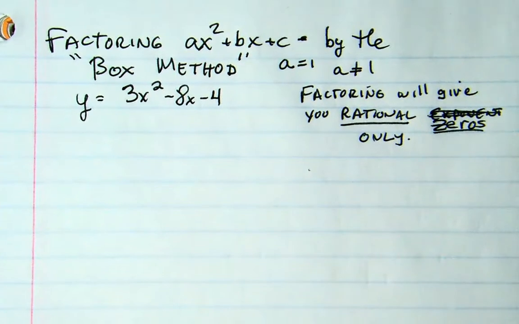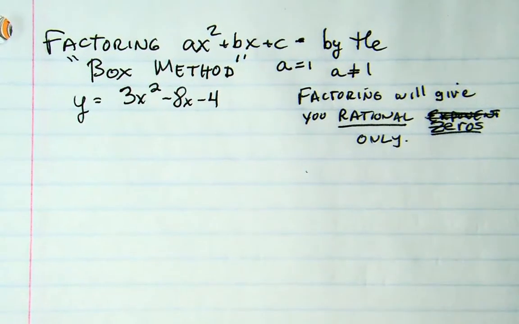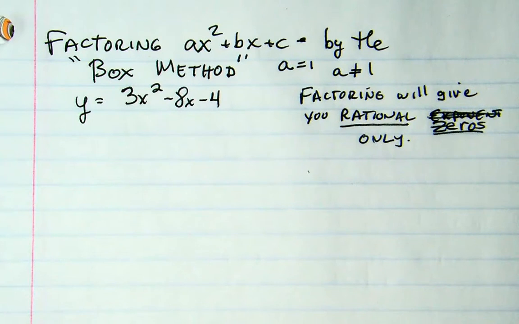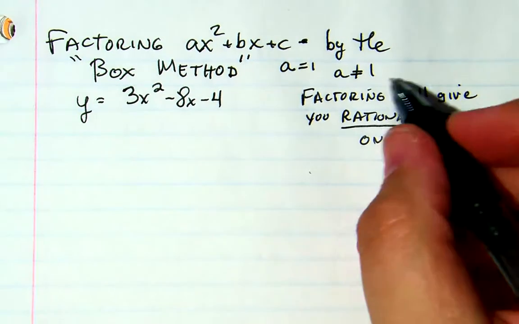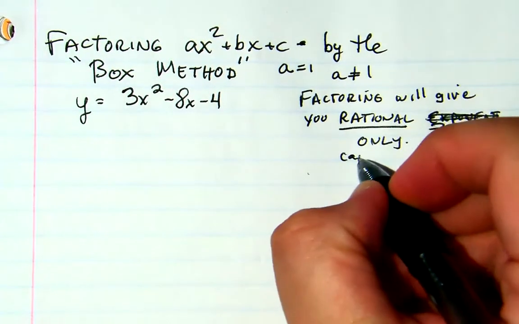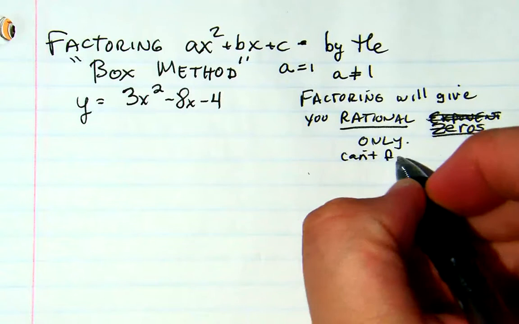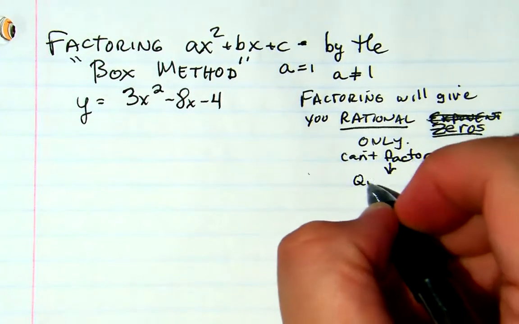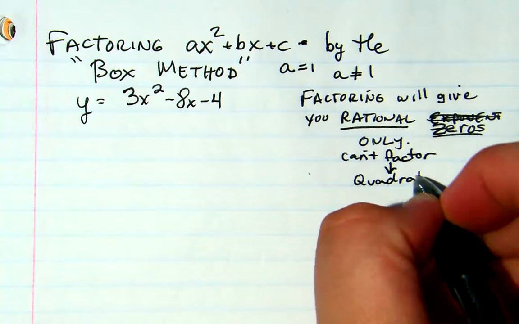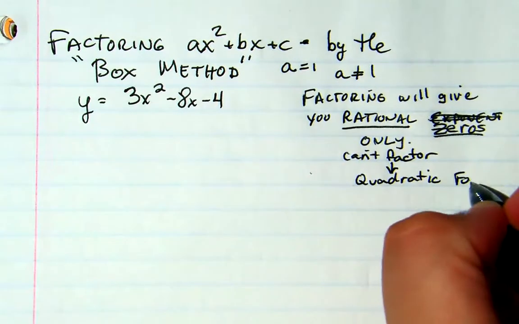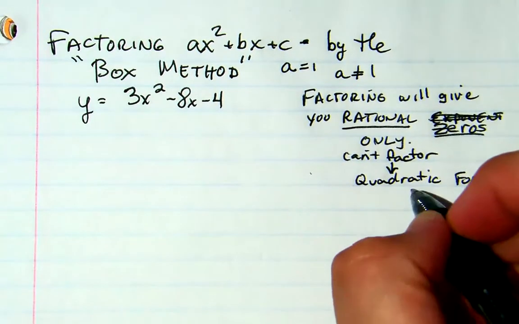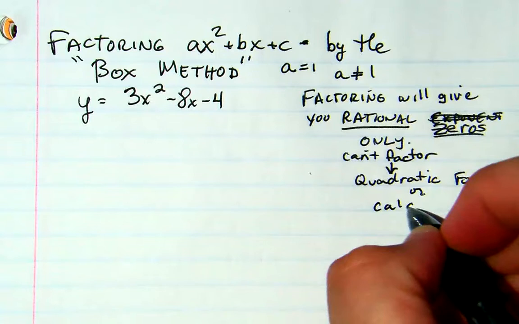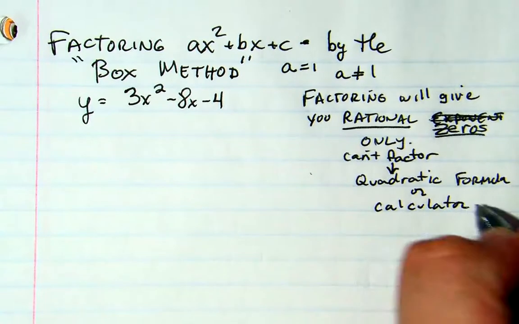We had a problem in class where we could not factor the problem, but we found it had 2 zeros, but those zeros were irrational. If this is the case and you can't factor, you have to go to the quadratic formula, or a calculator to find your zeros.